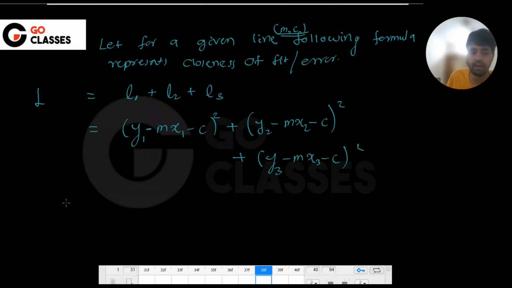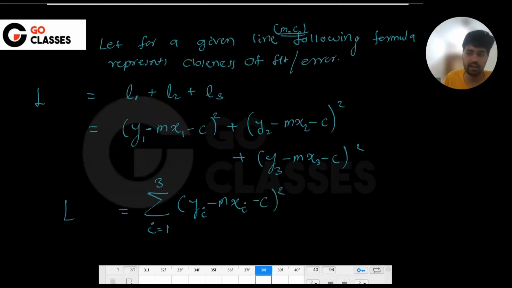I can write it like this: the sum for i goes from 1 to 3 of (yi minus mxi minus c) whole square. Note that. What are the parameters of my model? It's m comma c, right?